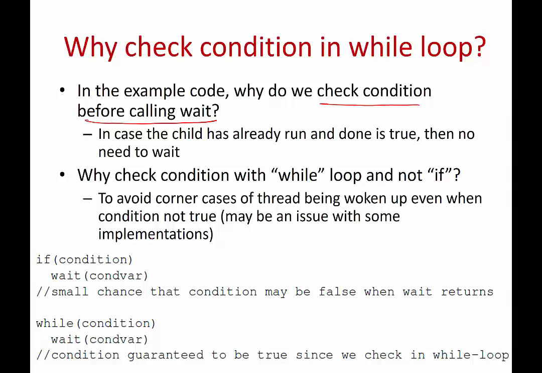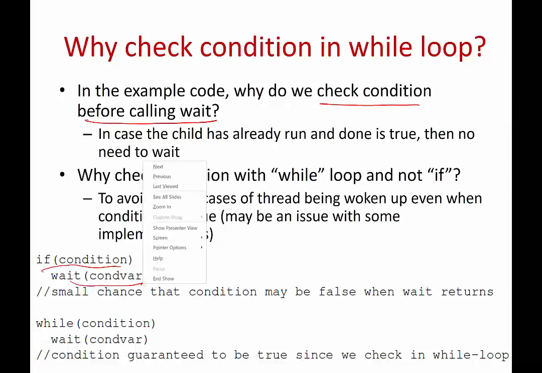You might be woken up even if the condition is false, right? So if you do the if condition wait, when you return from this wait, ideally you should return only when the condition is true. But sometimes you can return from the wait even if the condition is false.